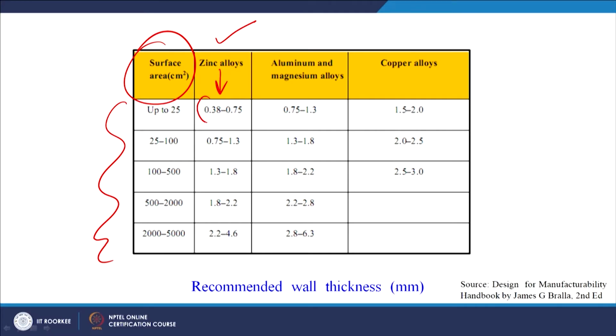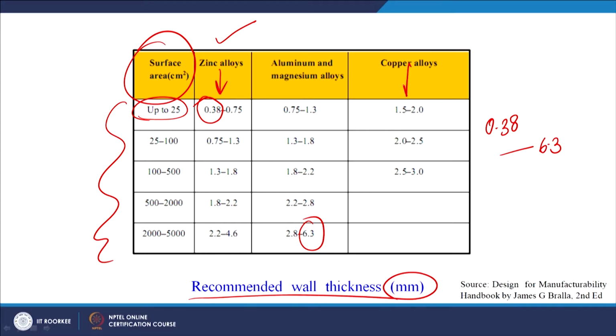You can see the minimum is 0.38 for surface area up to 25 centimeter square, and the maximum value is given for aluminum and magnesium alloys, 6.3. So from 0.38 to 6.3 is the recommended wall thickness. The units are in millimeter. For copper alloys also the range is given, for aluminum and magnesium alloys also the range is given, and the source of this information is also given.